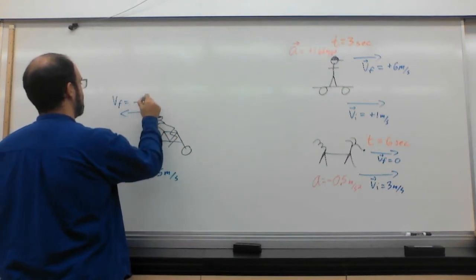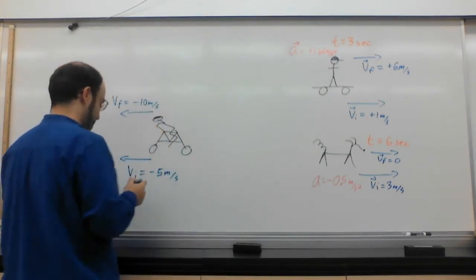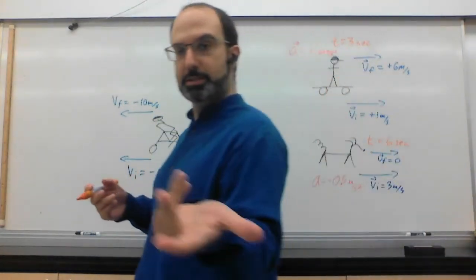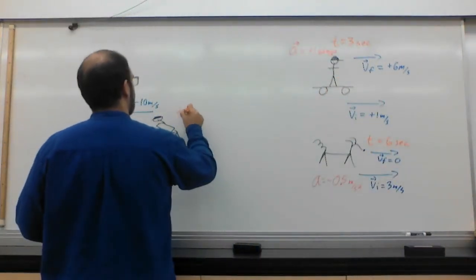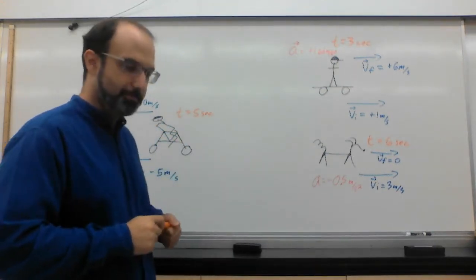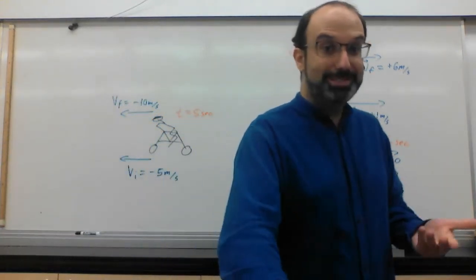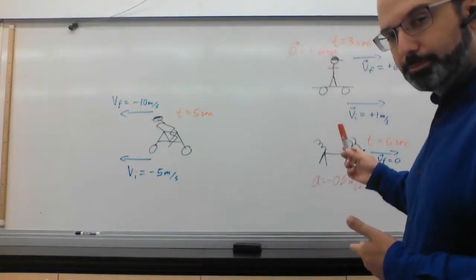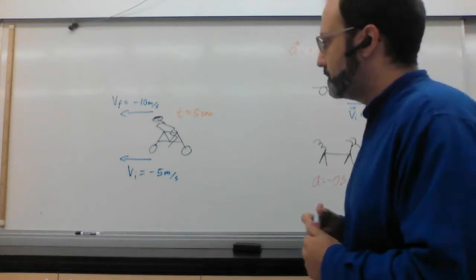VF equals negative 10 meters per second. Finally, it tells us the time, and it says that the time is 5 seconds. Okay, there's our numbers. They're pretty much the same as the numbers we did previously over here, but they have negative signs. So how's that going to change things?